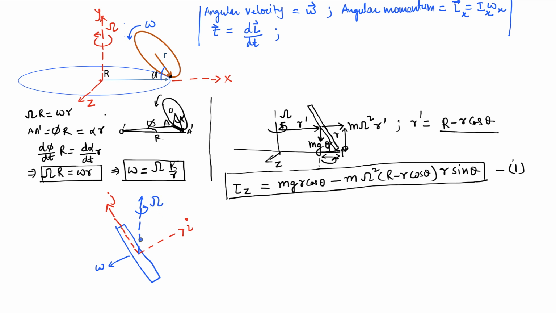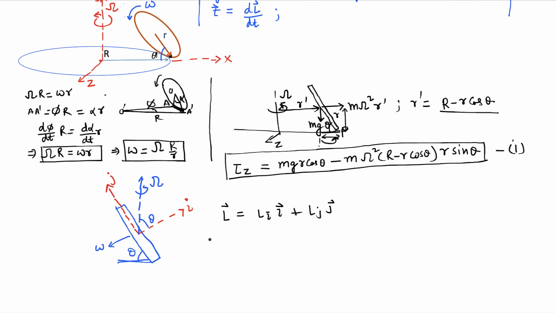Okay, this angle is theta, right? So let's write the expression for the angular momentum vector. Okay, let's see how it looks. L is actually Li in the I direction plus Lj in the J direction. This is as simple as that. Now what is Li?